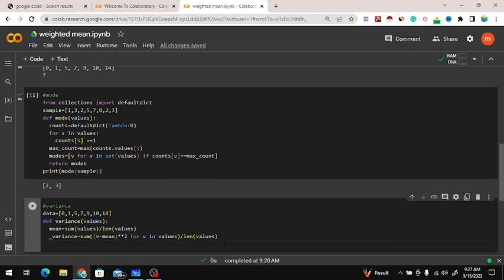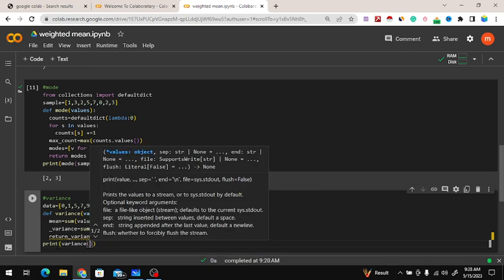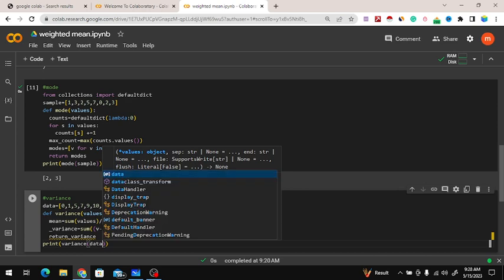Return variance. Now return underscore variance, then we will go and print the variance of the data.